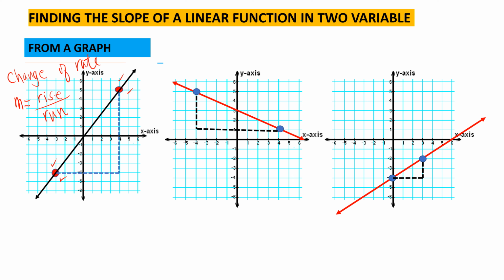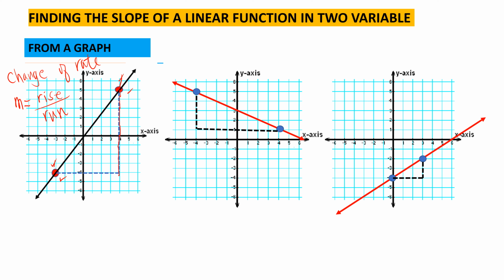So therefore, if we will be getting the slope of this line from the 2 points, we start counting how many units vertically down and how many units horizontally left. So we are choosing this point. We have 1, 2, 3, 4, 5, 6, 7, 8, 9.